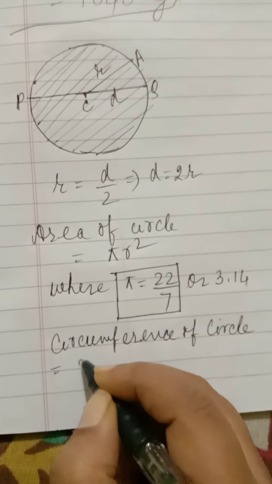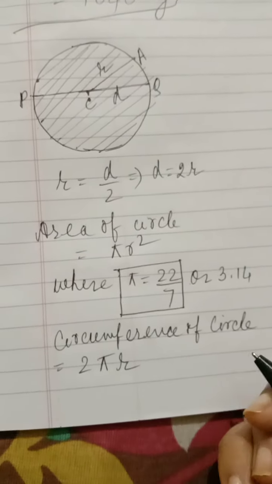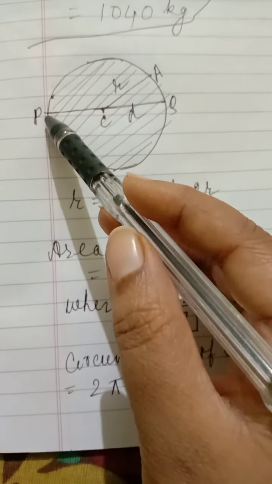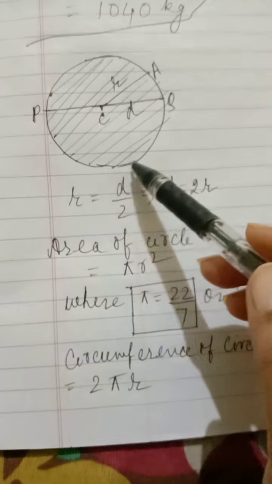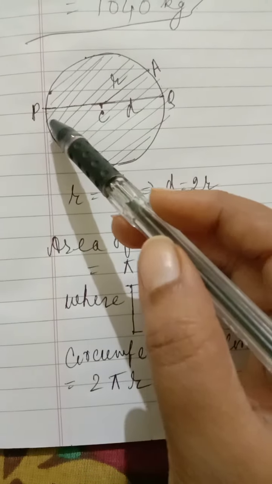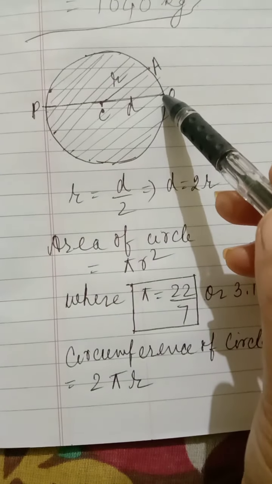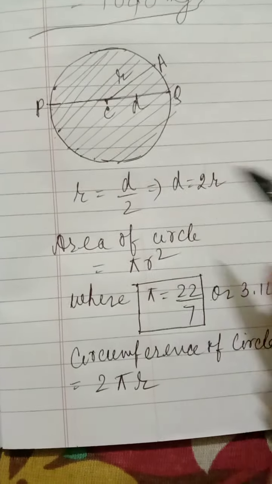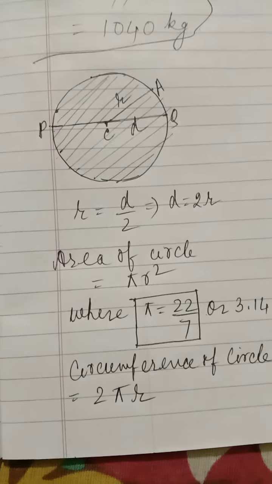So its formula is 2 pi r. So what is circumference? The total length of the boundary of the circle. If we start from the point Q, then when we come back to Q again, that is the circumference.